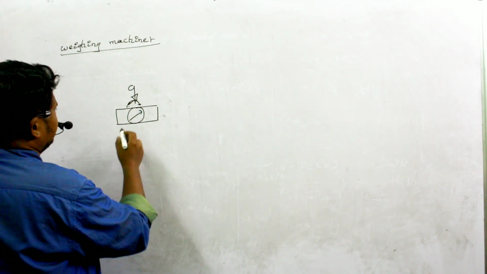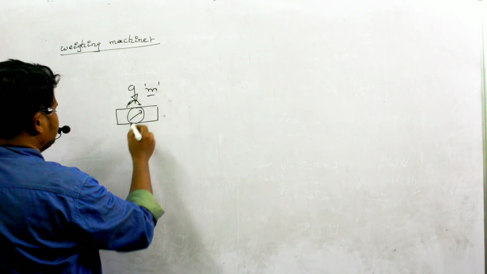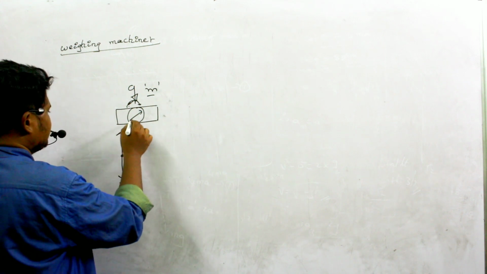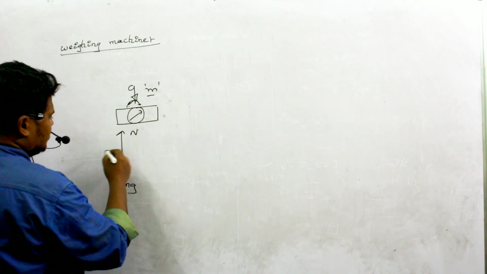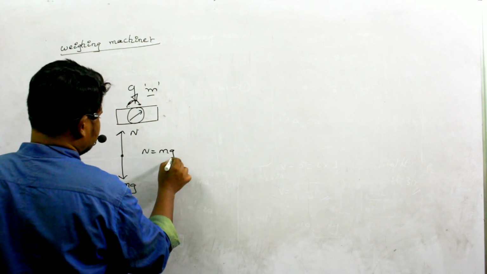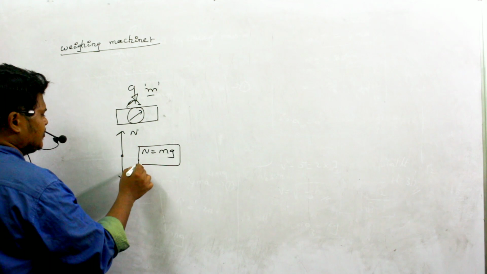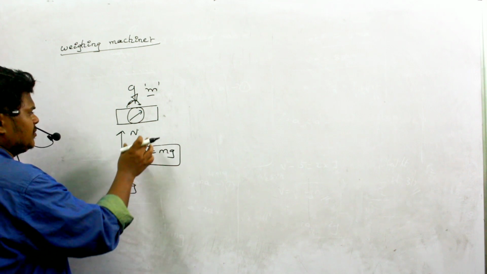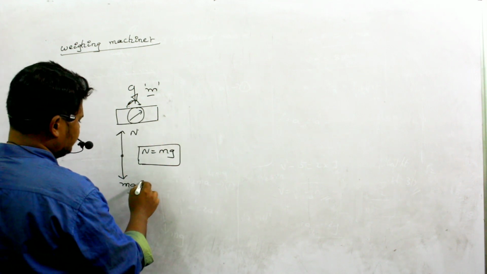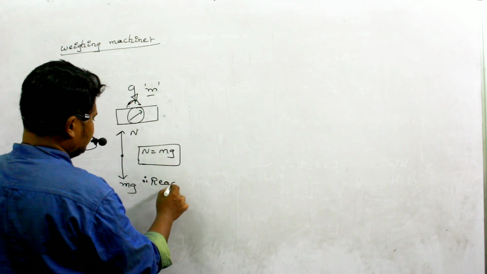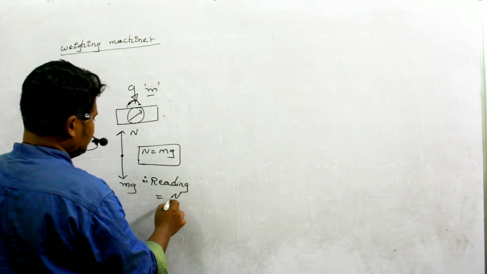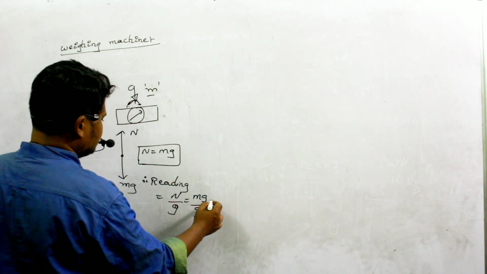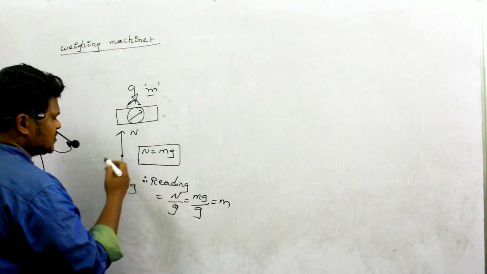Then if I draw the free body diagram, if mass of the man is m, then his weight mg is acting downwards, and this weighing machine will give a normal reaction of N here. So therefore definitely I can say N is equals to mg. The normal reaction given by the weighing machine is nothing but the weight of the person in this condition. And the weighing machine always shows the mass of a person. Therefore, reading can be written as N by g, that is mg divided by g, which is equals to m. This will be the reading of a person.